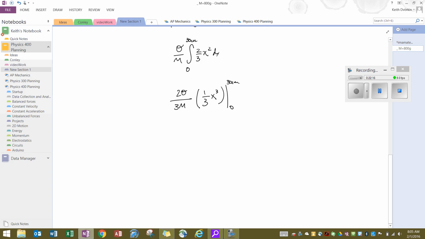Okay, so finish the integration, then we'll plug in the numbers and see where it lands us. 1/3 times 30 centimeters cubed minus 1/3 times 0 centimeters cubed. This is just 0. So what do we get? 2 sigma times 30 times 30 times 30, which is what?